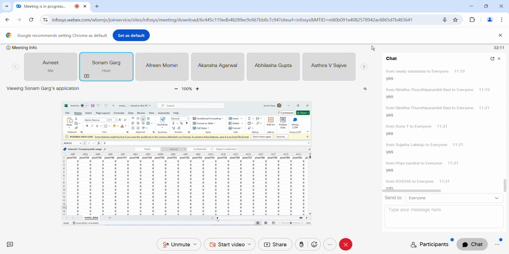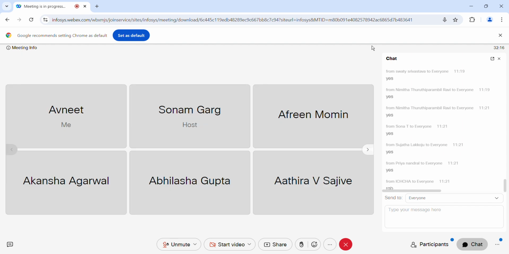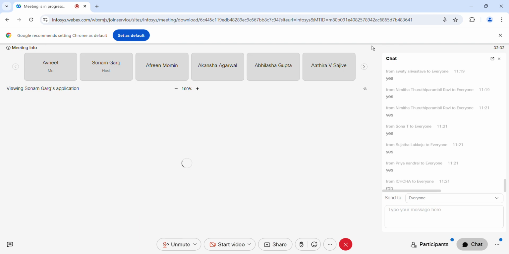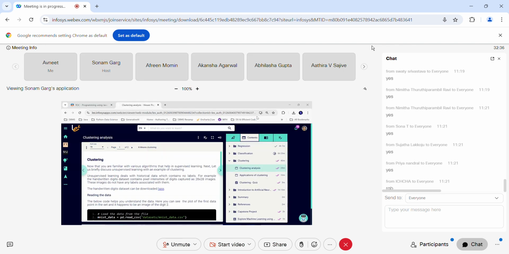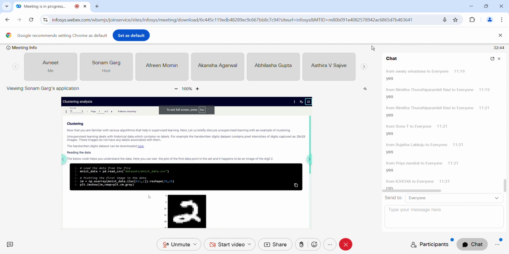Now, let us go back to the image. Okay, guys, you have seen how the data is there, how a particular image will be written.